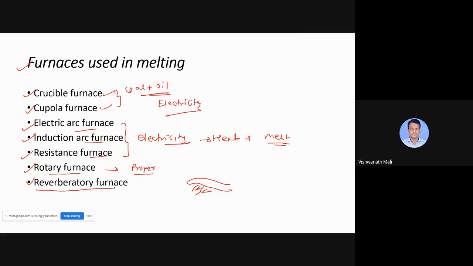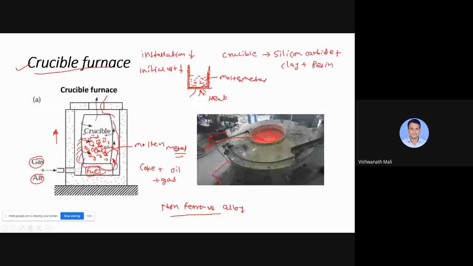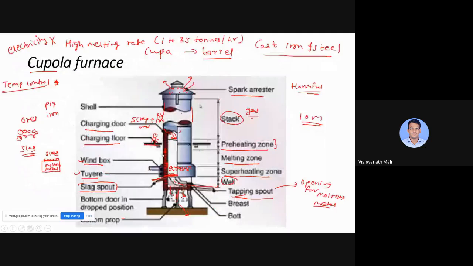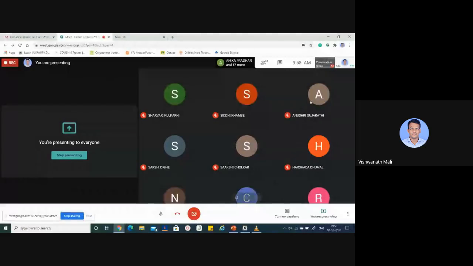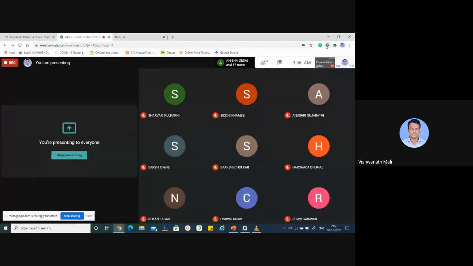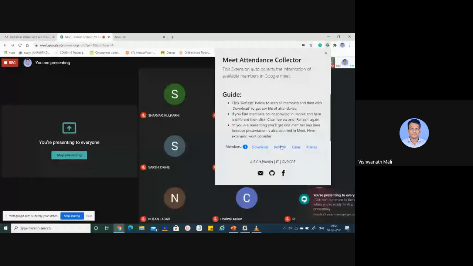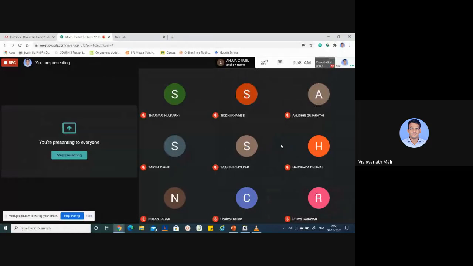So this is how all the furnaces work, as we have seen. So we have completed the melting furnaces. Tomorrow we'll start with the gating system.